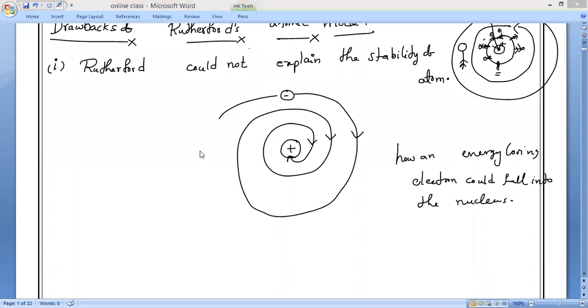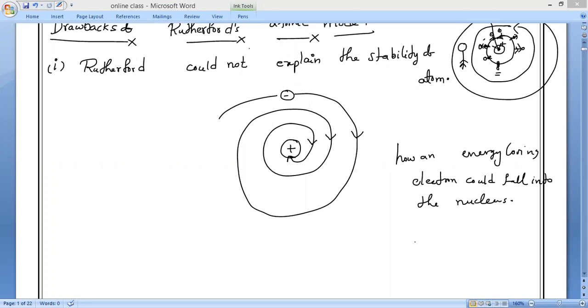So Rutherford proposed that electrons revolve around the nucleus under the influence of the positive charge of the nucleus. But when charged particles revolve around an oppositely charged body, they must lose energy in the form of radiation.